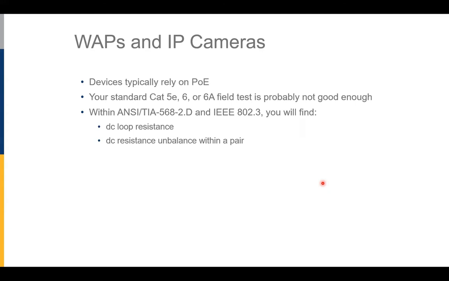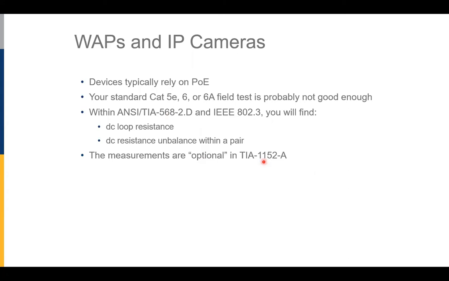So these loop resistance tests are a way to assure that the installed cabling is ready to support power over Ethernet. Now, they're specified in the 568 standard, and in the application standard from 802.3, but they're optional for field testing. The 1152 standard, don't worry, this won't be on the test, but if you remember it, I'll be impressed.